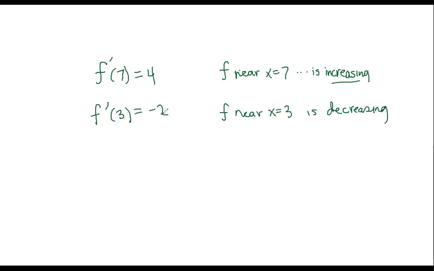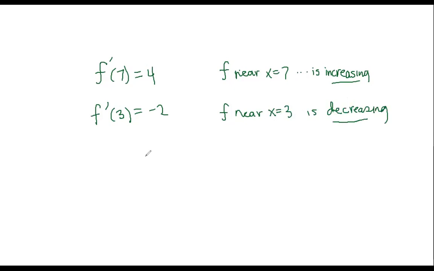Whether I'm looking at a graph and say this is a graph of f prime, and you can see these coordinate pairs 7, 4 and 3, -2, you could interpret what's happening with the original accumulation function at those same spots or in those areas, because to talk about what a change is doing, I'm saying near because I have to change a little bit. I can't be at a spot. I'm going to be in a small neighborhood around x equals 7. As I go from left to right, the function would be going uphill, increasing, or downhill, decreasing around x equals 3.